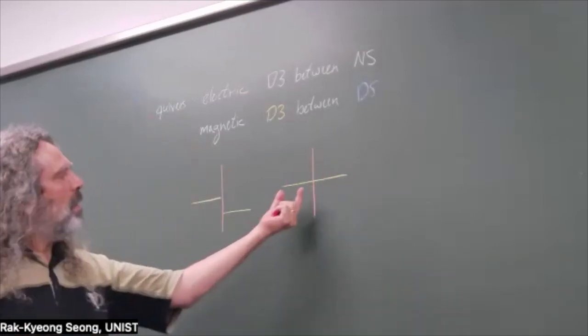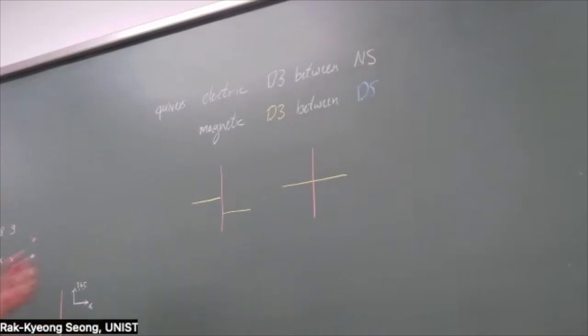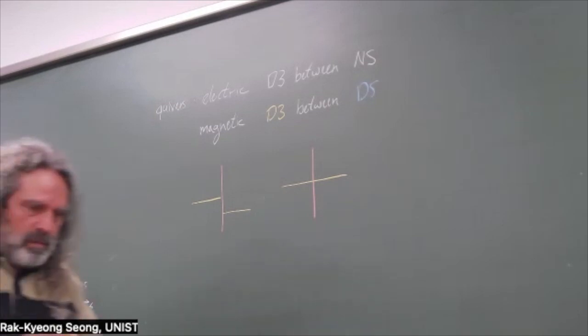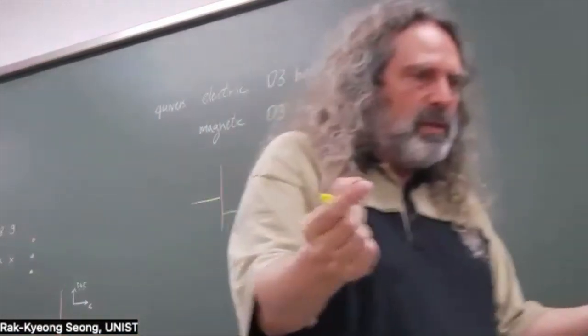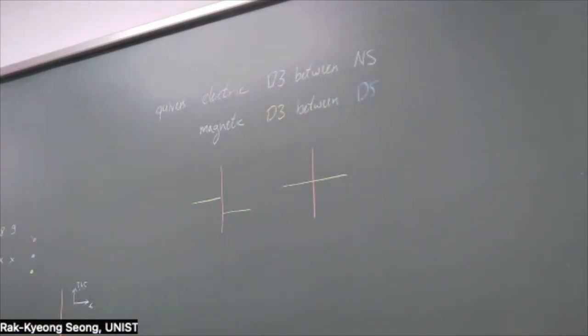Once it is like this, I can pull them apart. There are other directions. In this case, here's a projection along 3, 4, 5, so I could pull them apart along 7, 8, 9. And there will be a new distance, which is the distance between them. This is going to be a modulus for the corresponding quiver field.